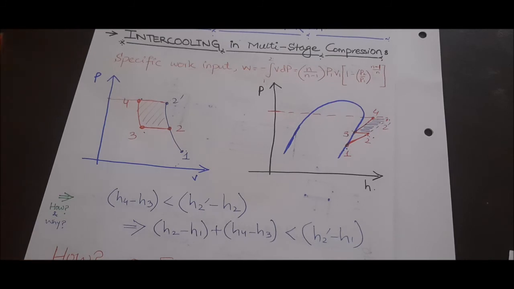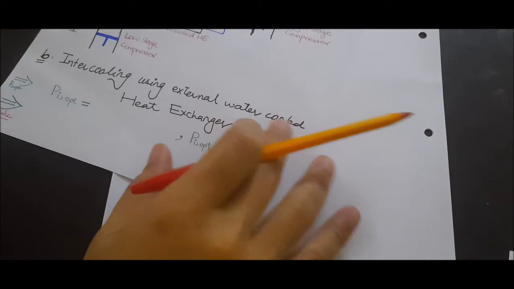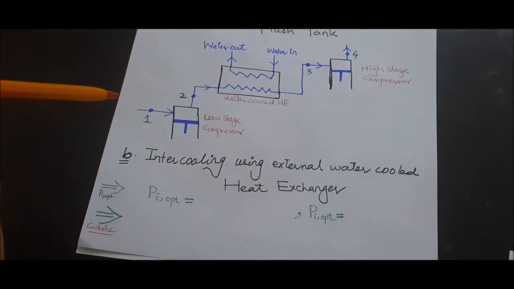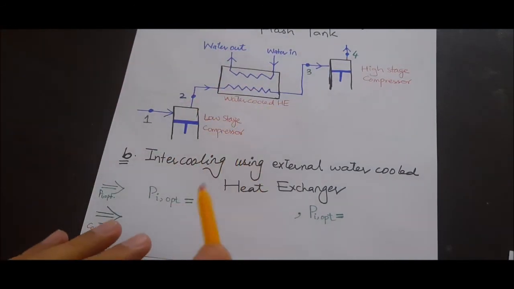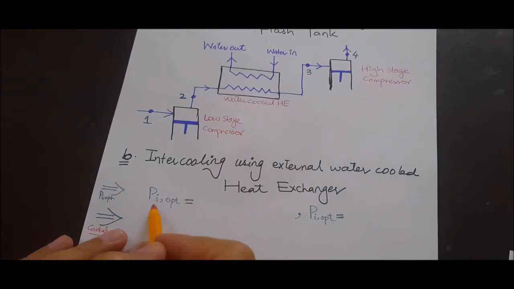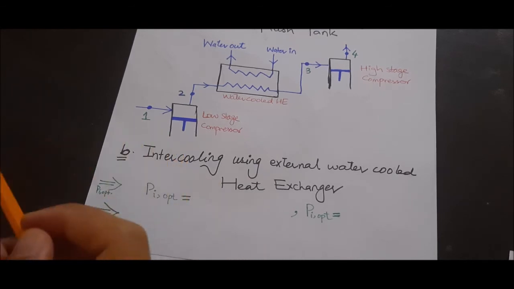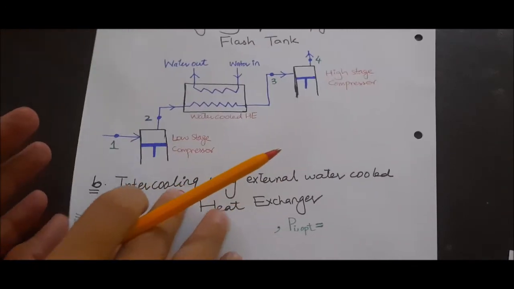And for that there are various models which are used to find this optimum pressure. One such model is for air, or for air refrigeration systems or air compressors. The optimum intermediate pressure, intermediate because one pressure is of the condenser, the other pressure is of the evaporator, high pressure and low pressure.